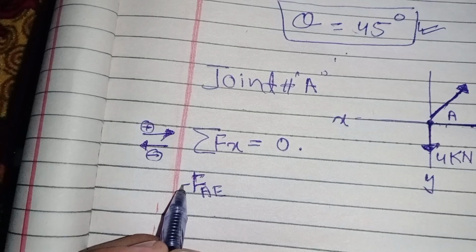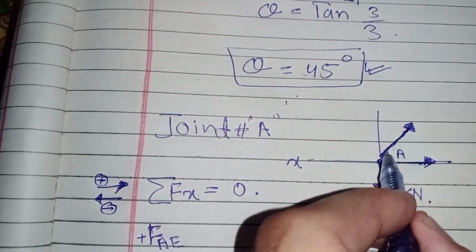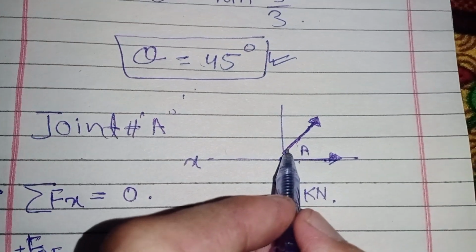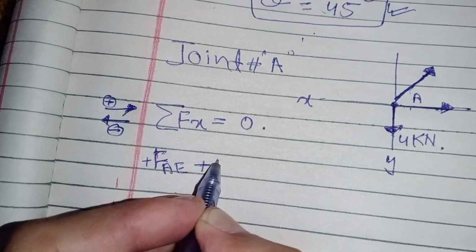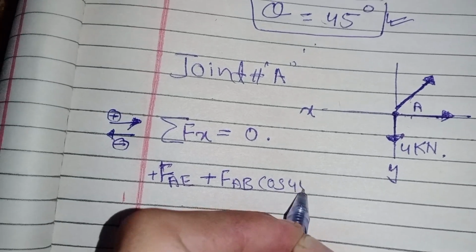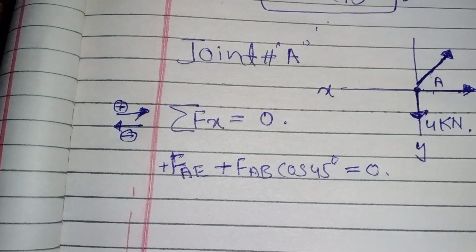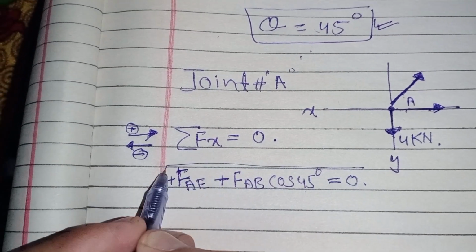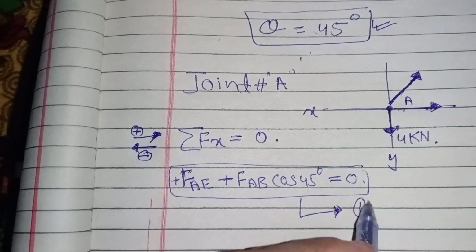So negative F AE, and there is one other force which is the component of this resultant force, F AB cos 45. I will take this plus F AB cos 45 degree equal to 0. Let's say this is my equation 1.